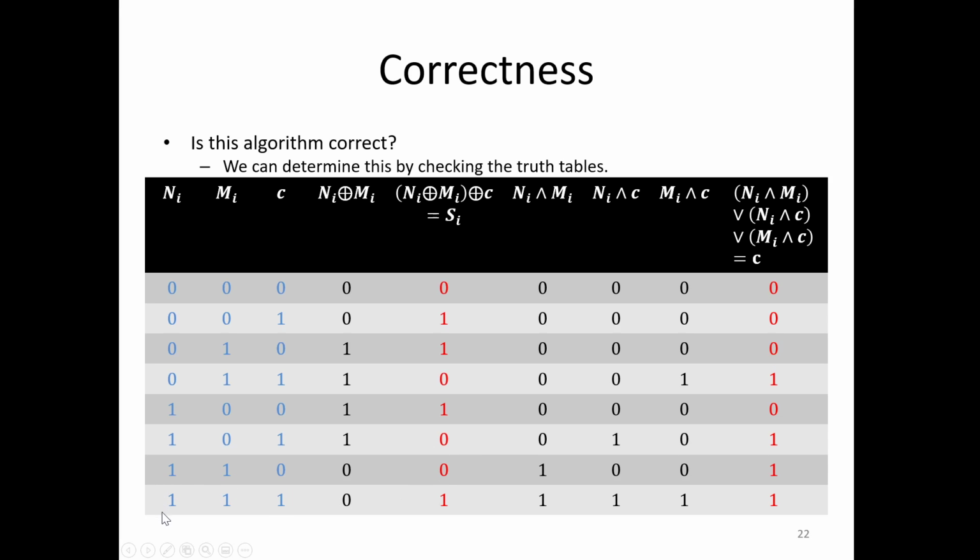But in the last final case, we get 3, so the total sum is 3, 1, 1, 1, and so we get a 1 in our sum bit. So again, it looks like this bit is correct.